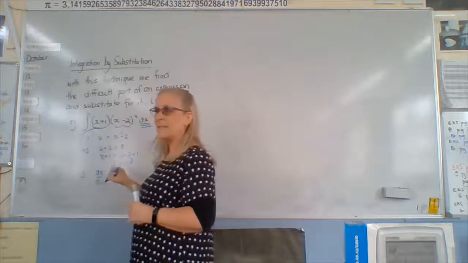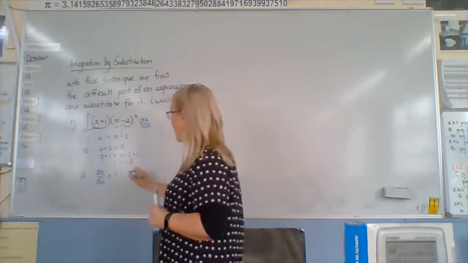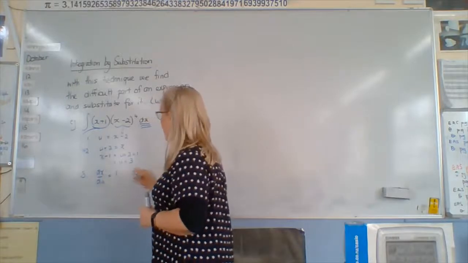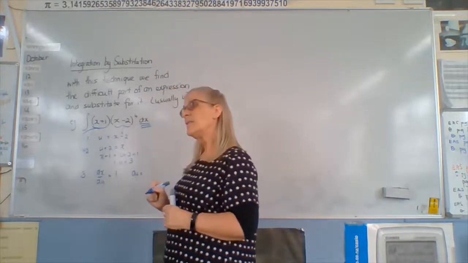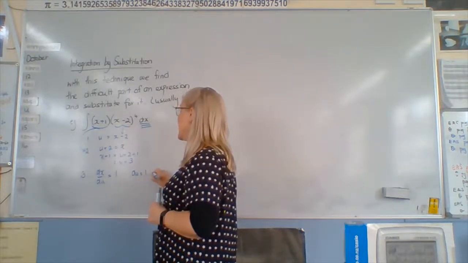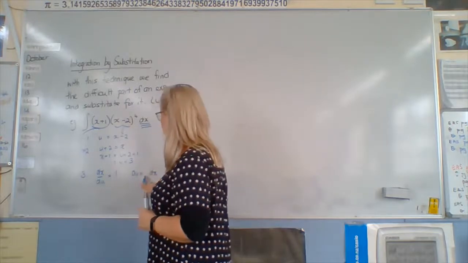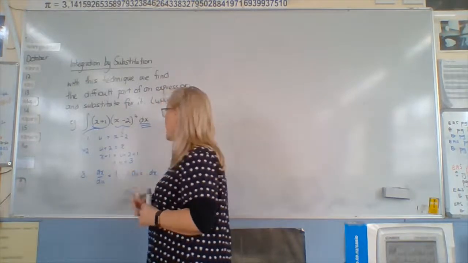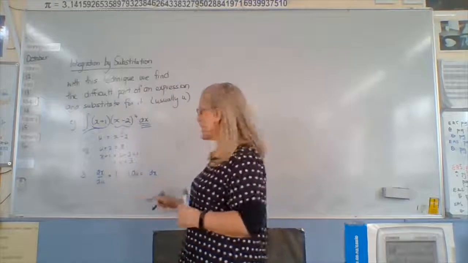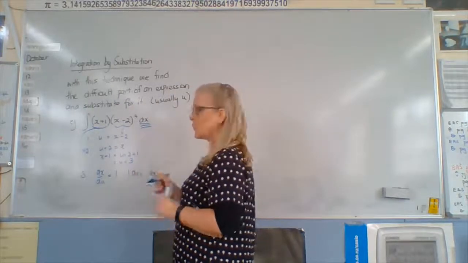Right? Pretend it's an x. So therefore, du equals 1 dx, right? Really that 1 would be handier over here, to be honest. But what we're saying is that wherever there is a dx, we can now write du.